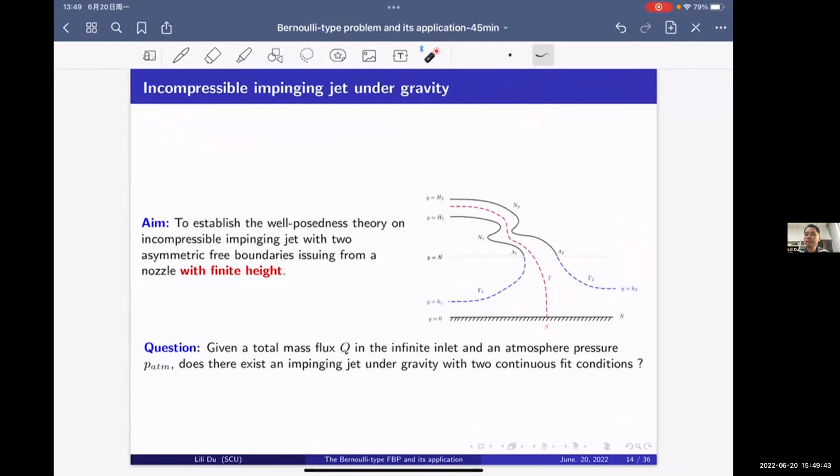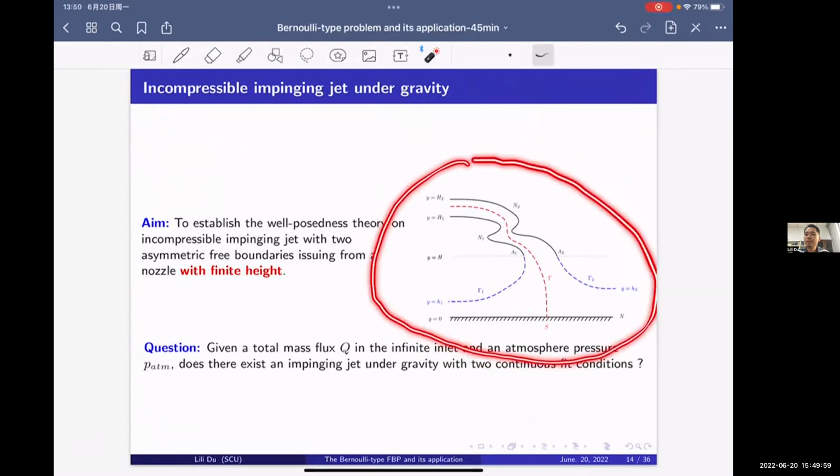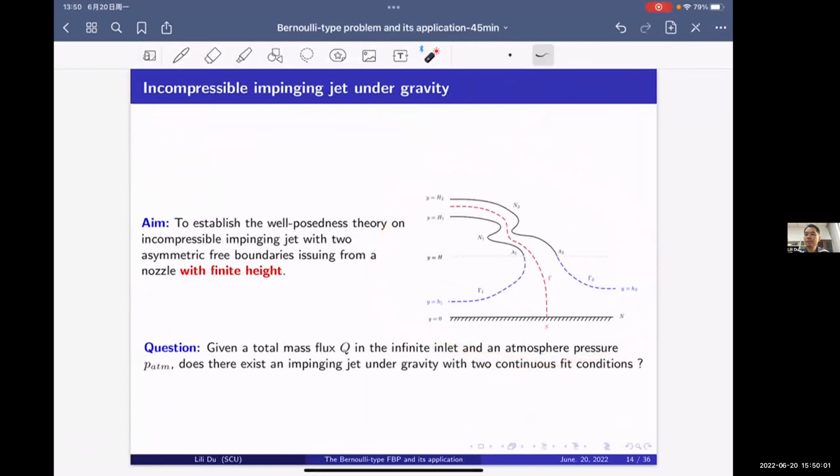My original idea is that this is an approximated problem for the jet problem. The first step is to establish the well-posedness for the impinging jet. The second step is to take the limit h goes to 0, and we can think the ground disappears.